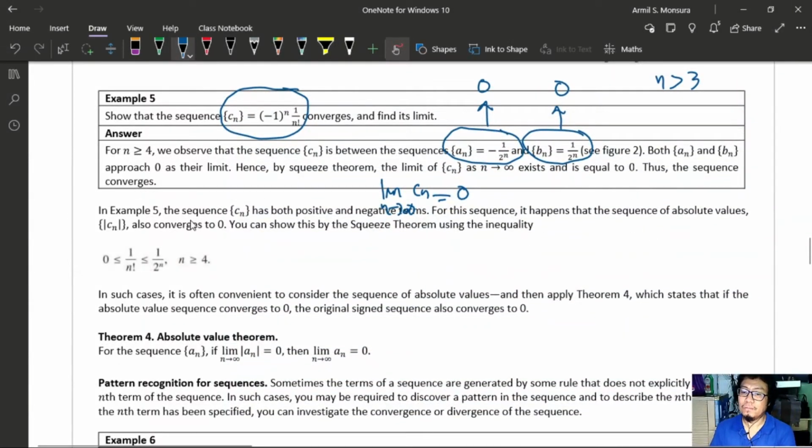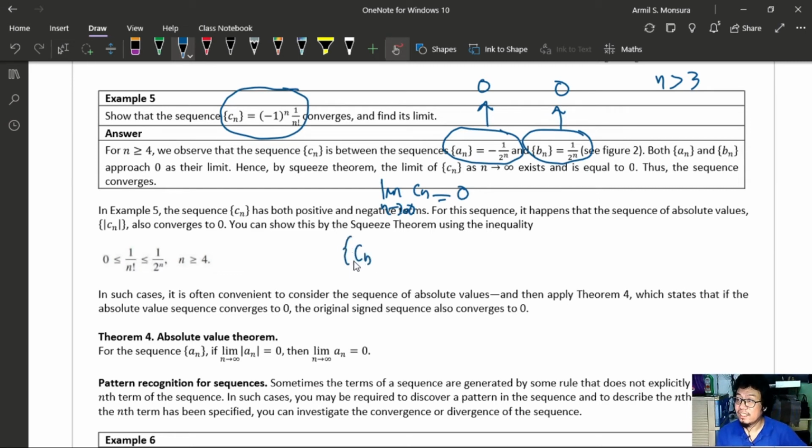Now, in example 5, the sequence Cn has both positive and negative terms. For this sequence, it happens that the sequence of absolute values also converges to 0. Since Cn contains both negative and positive numbers, we call Cn an alternating sequence.